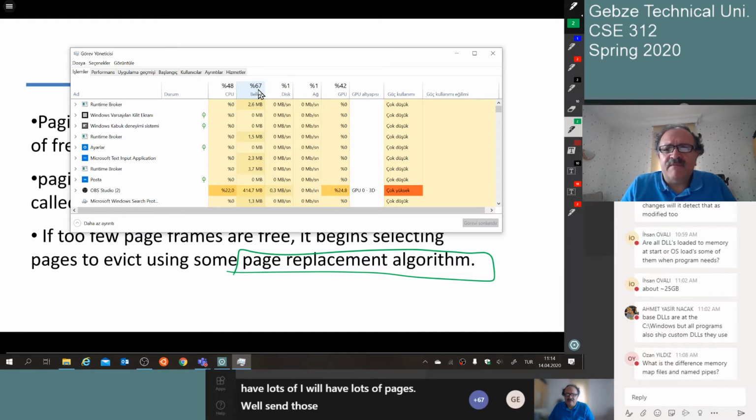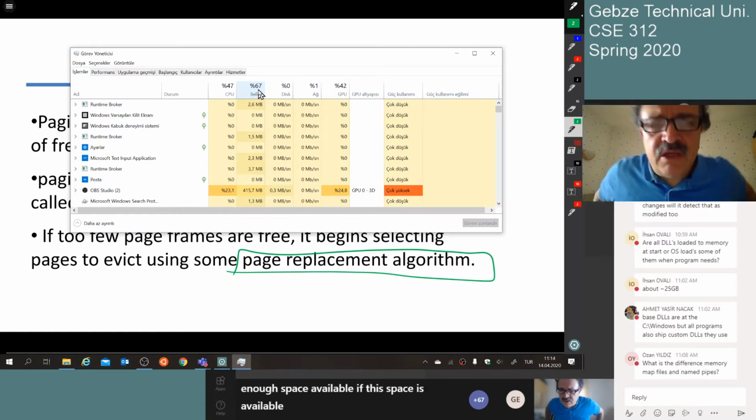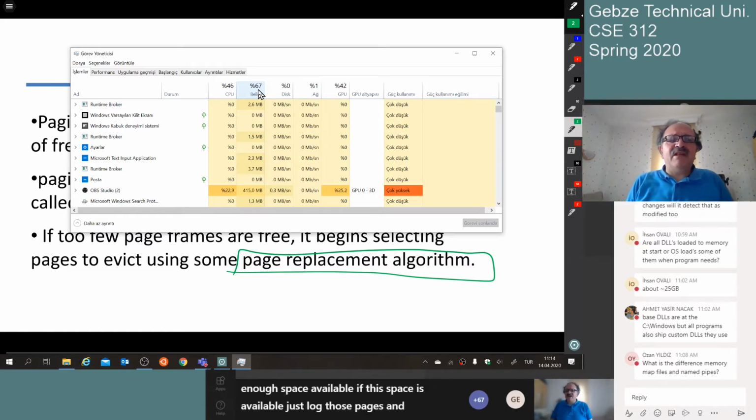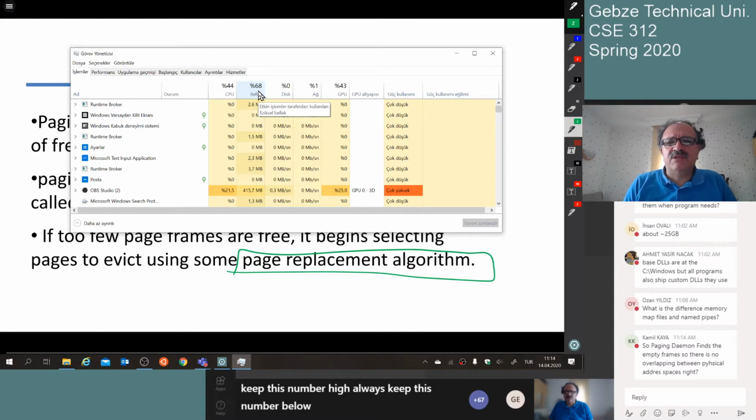If the space is available, just load those pages and continue. If the space is not available, then I have to run both the page replacement and the allocation of the new pages. So don't keep this number high. Always keep this number below 60%, 70%.